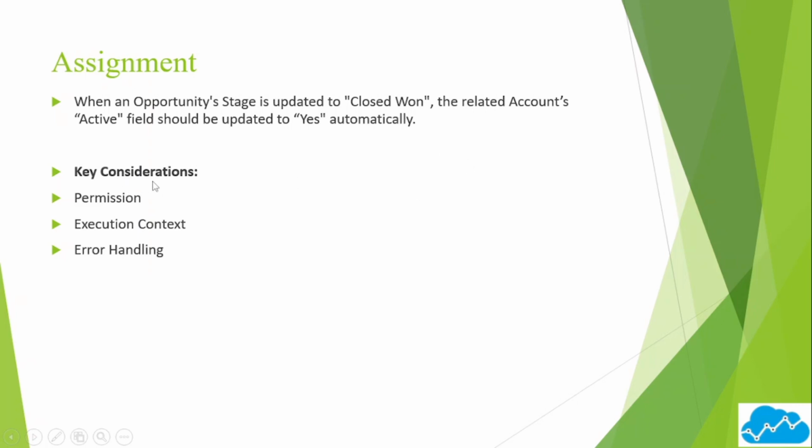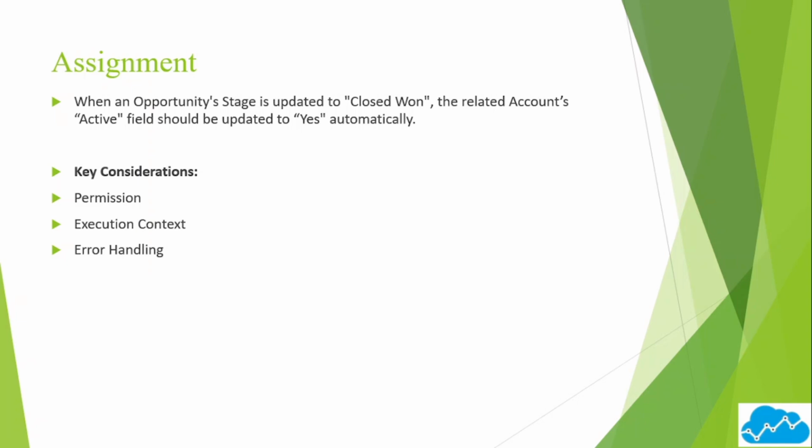What are the key considerations we have to go with? Permission: we have to ensure the user running the flow has the necessary access to update the account fields. Execution context: this flow runs after the opportunity record is saved, ensuring data integrity.